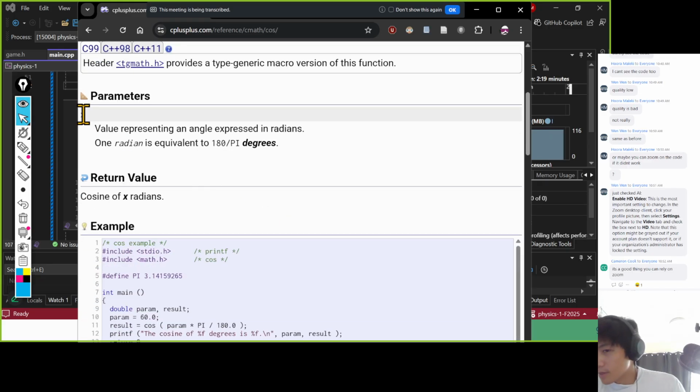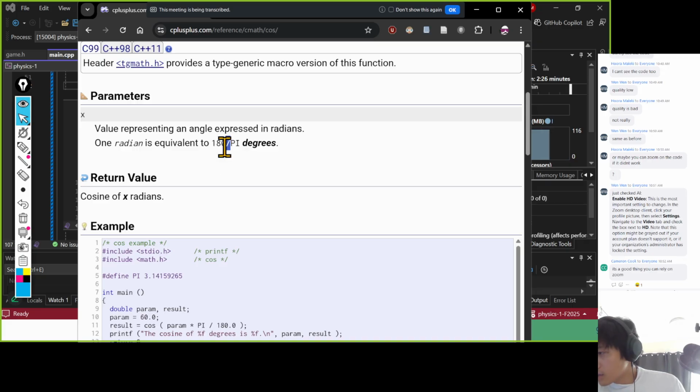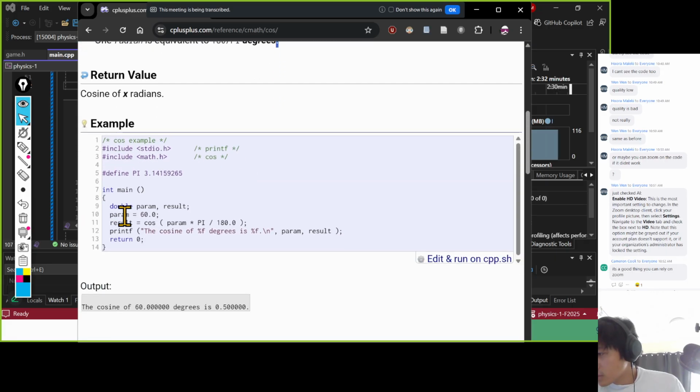Parameters, this is inputs, things that go in. 1 radian is equivalent to 180 over pi degrees. Here's an example. It says the cosine of param degrees is so on.